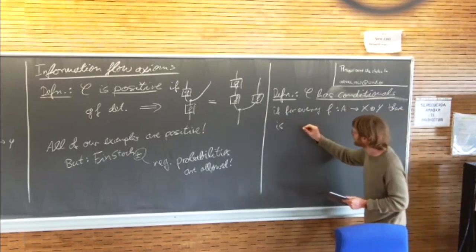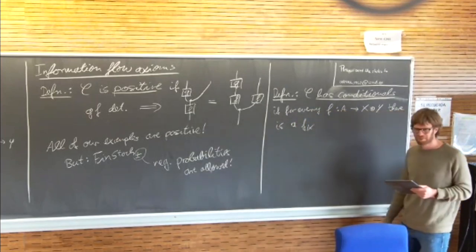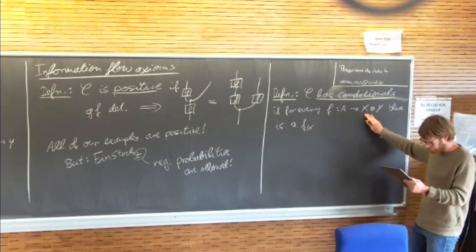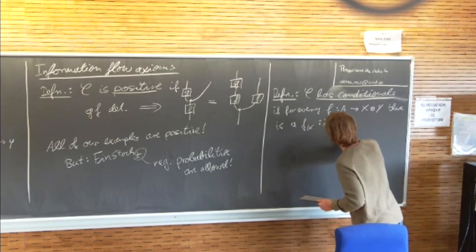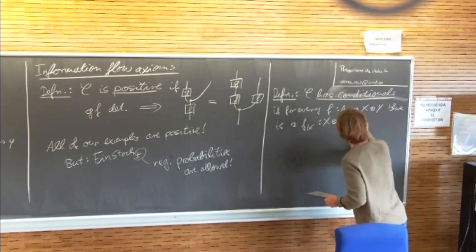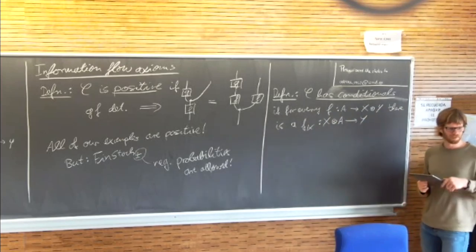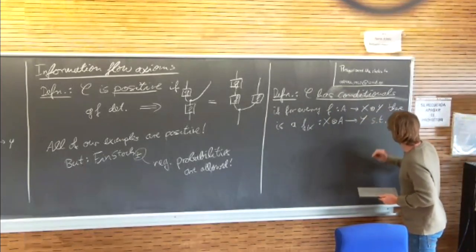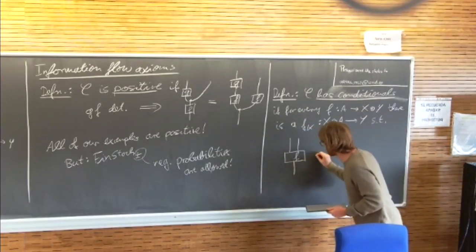So if there is a morphism f given x, where capital X denotes the object, that takes two inputs, X and A, and outputs something of type Y, such that the original F factors.